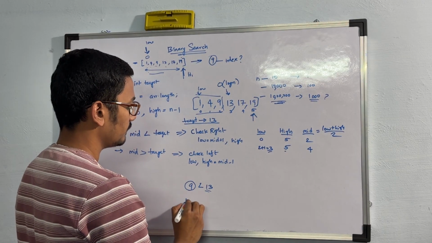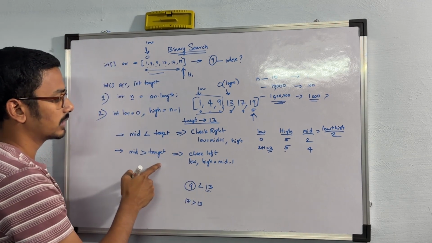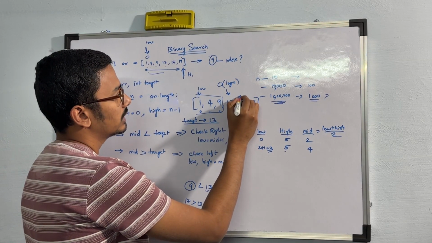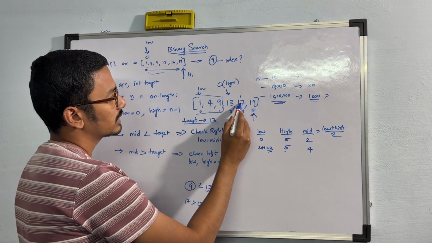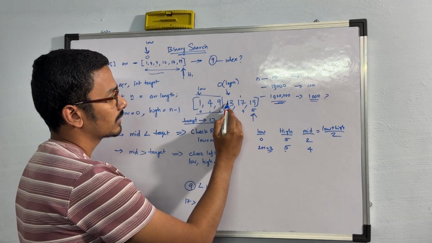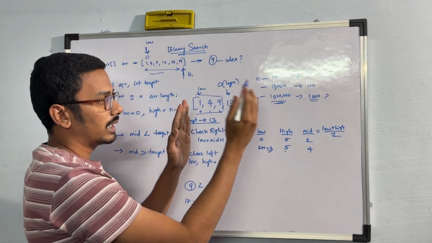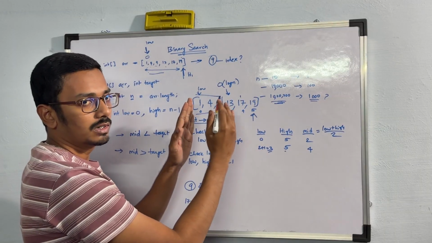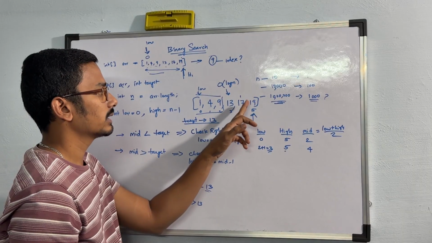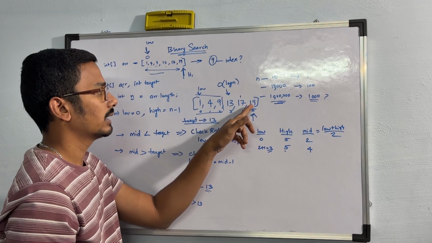17 is obviously greater than 13, so we hop onto the second condition. In these new boundaries the mid is here, but 17 is greater than the target we need, so obviously we have to check on the left. Whenever we have to check on the left, we move the higher boundary to the left. Means in this 13, 17, 19, the mid is 17, low is 13, high is 19.